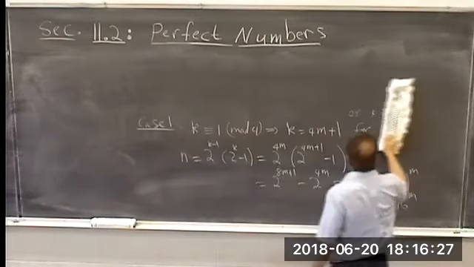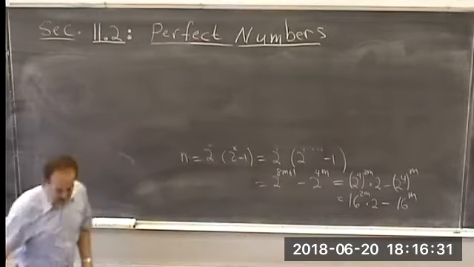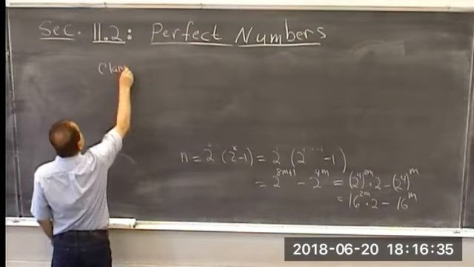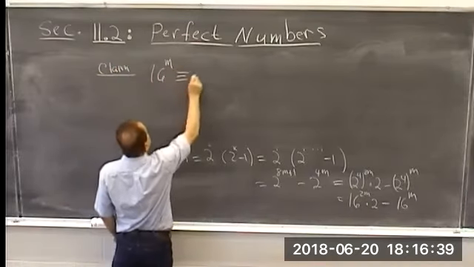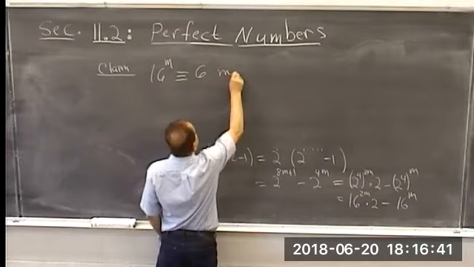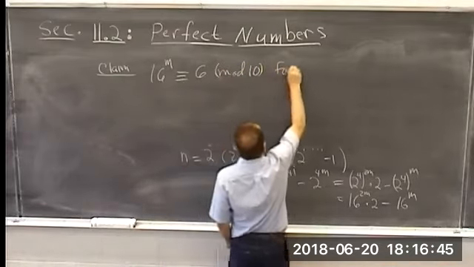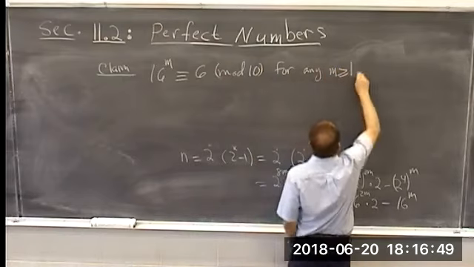It is very simple to see. Here's the simple claim. 16^m is congruent to 6 mod 10 for any m bigger than or equal to 1.